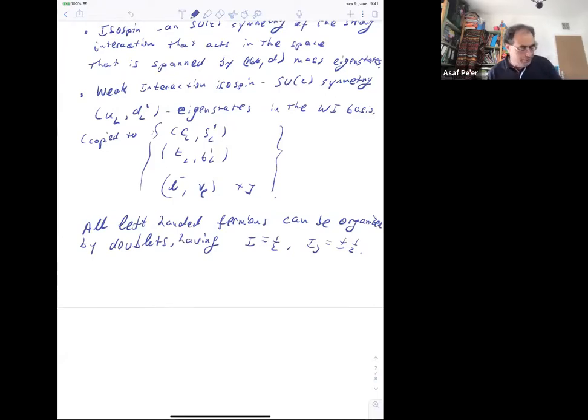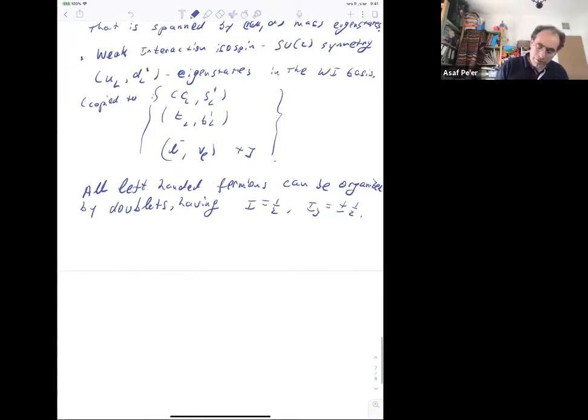Now, the way the doublet is organized, the convention is that the upper one is always the particle which differs from the lower one by plus one unit of electric charge relative to the lower one.